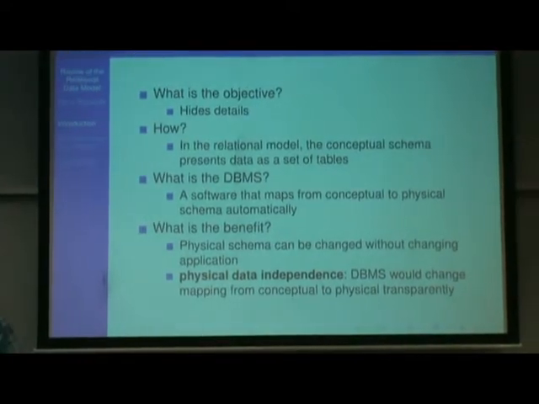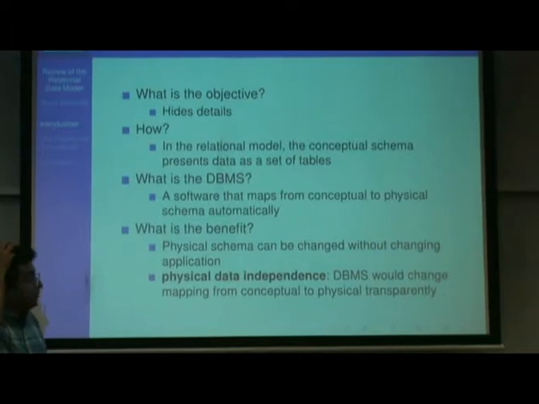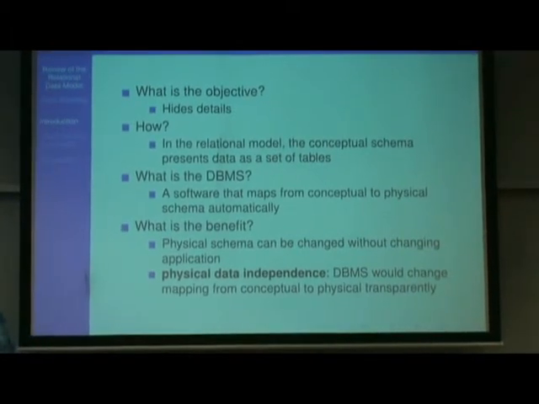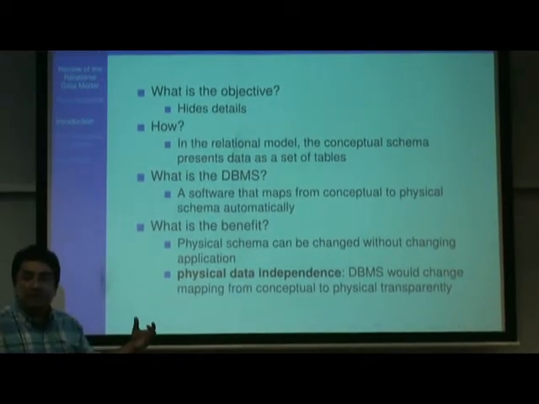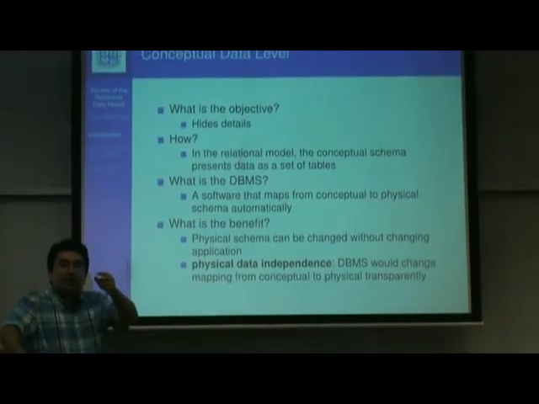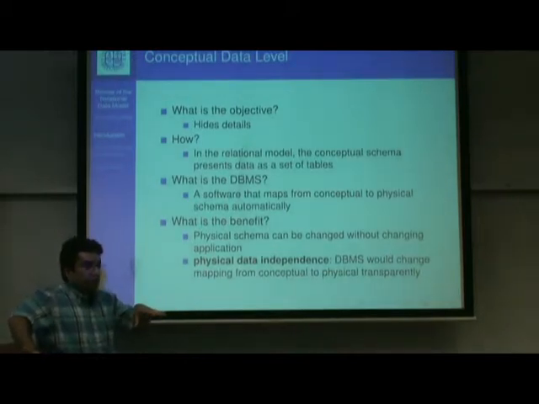The concept of physical data independence can now be defined. The DBMS basically changes the mapping from conceptual to physical transparently. In all of the improvements and all of the changing of the versions of SQL Server, you as a Java programmer are not dealing with any of those changes.